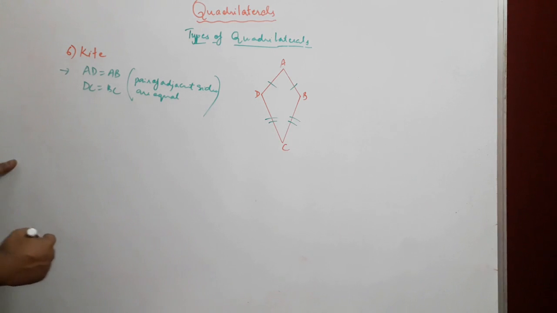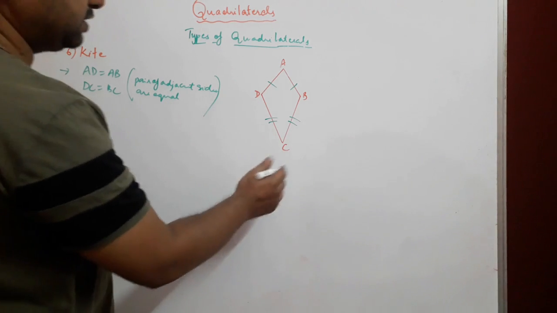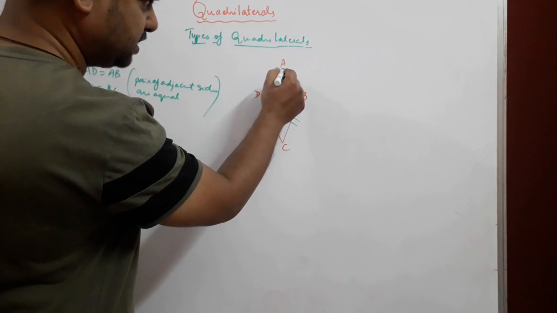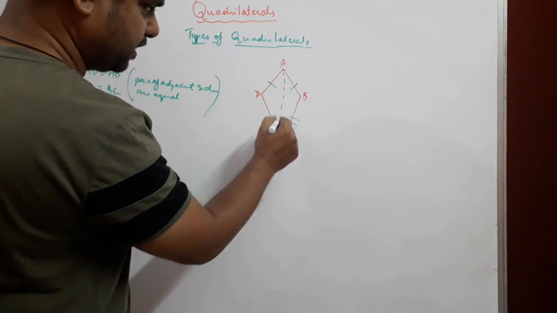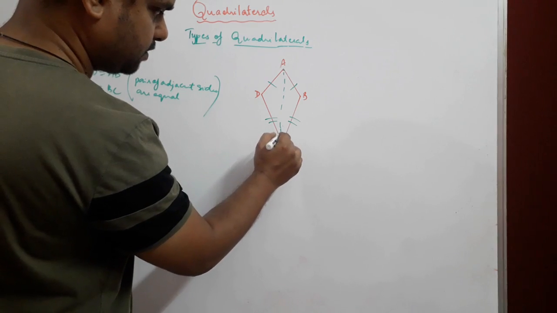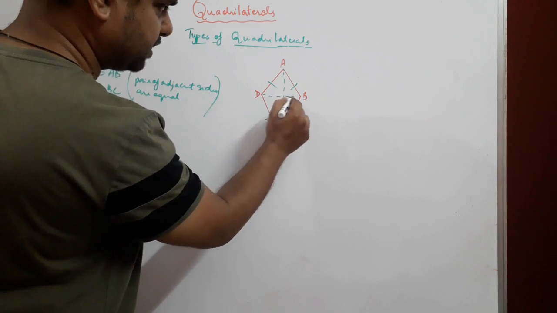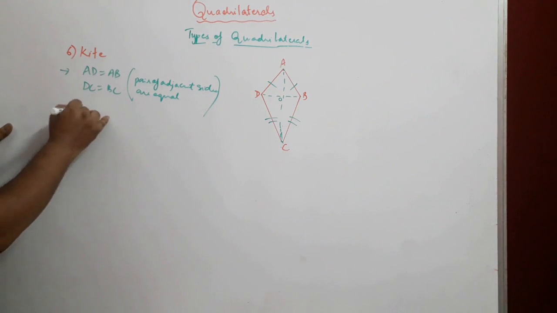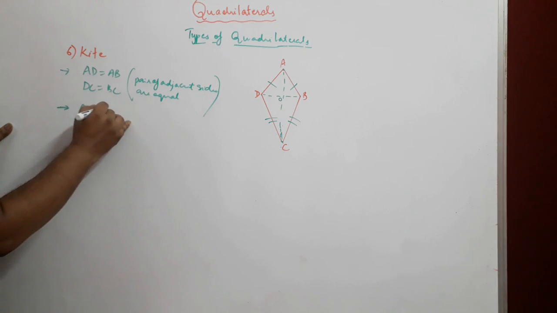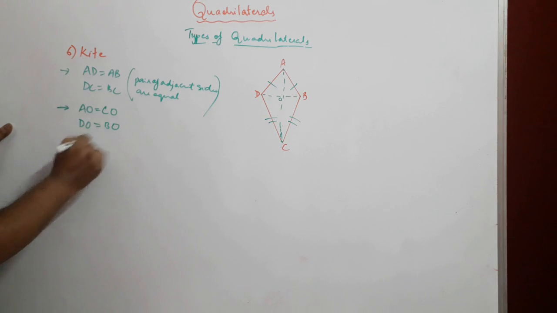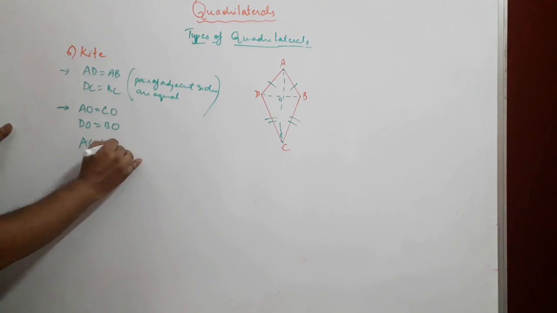The other feature that we know of a kite, similar to that of a rhombus, is that the diagonals bisect each other at right angle. So if you draw a diagonal like this, sorry, excuse my diagram. So we can say over here that AO equal to CO and DO equal to BO, and also the fact that AC perpendicular to BD.